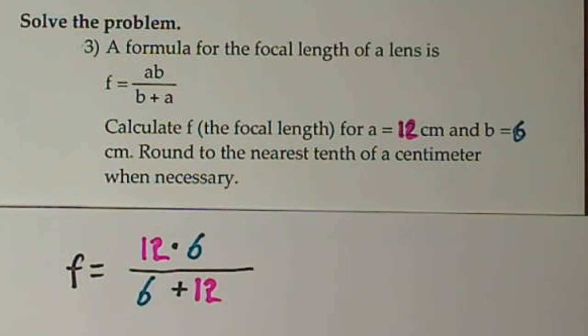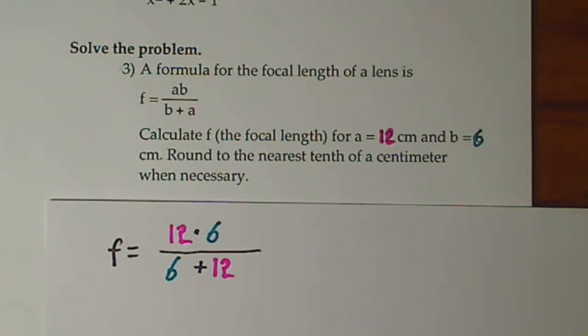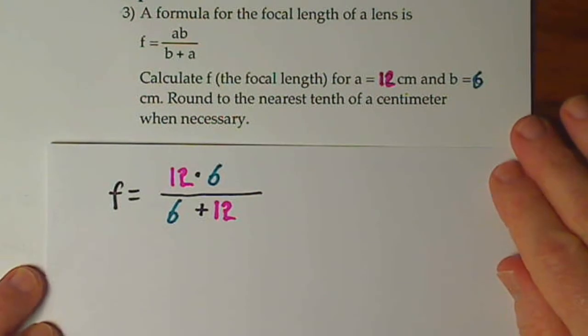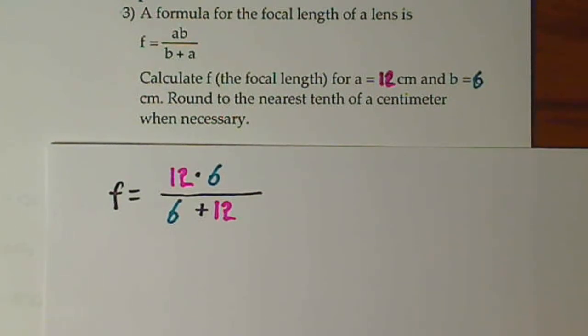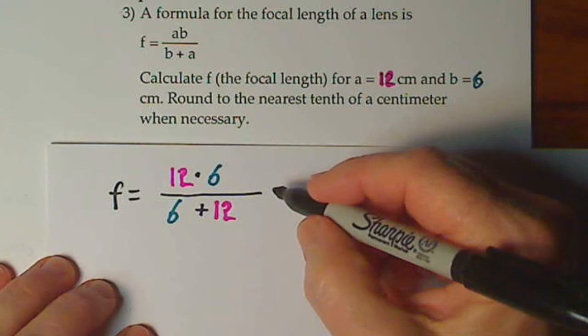And now we're just going to clean this up a little. Let me zoom out. So when we multiply 12 times 6, I think I'll go sideways in this case.